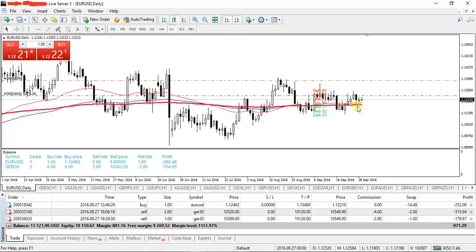See, this dark red line is the 200-day exponential moving average, and it's around 1.118780, that level. So if you see yesterday's candle low, it rejected from the 200-day moving average. That is the support. So as far as the euro dollar is trading above the 200-day moving average, it's in an uptrend.